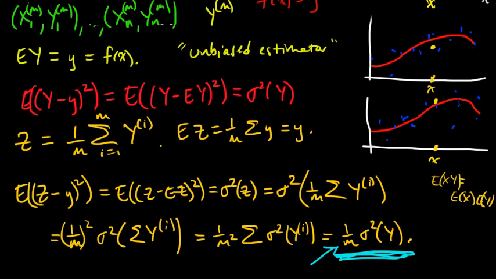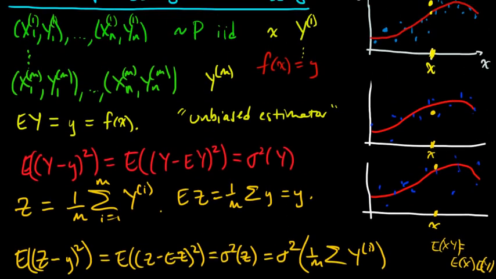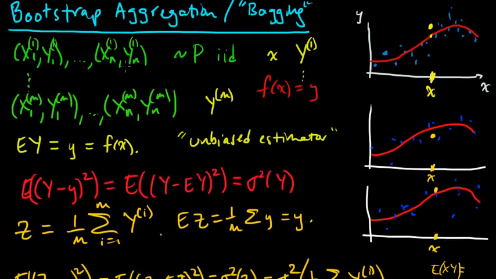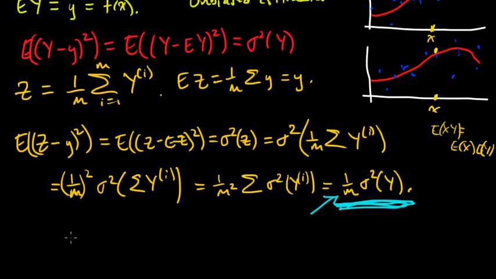But of course, we can't do that because we just have our one data set. So what do we do? The intuition is that we approximate P by, let's call it P hat.